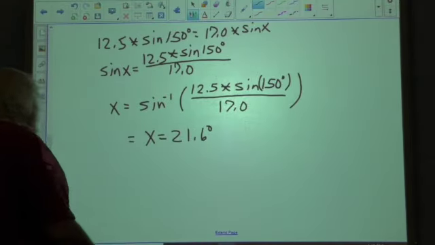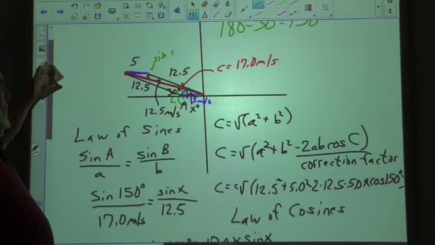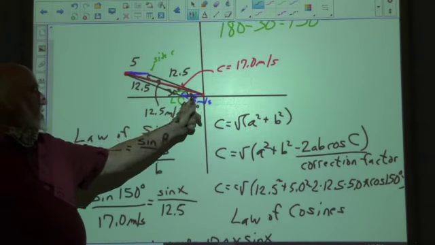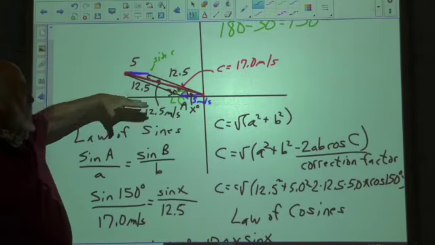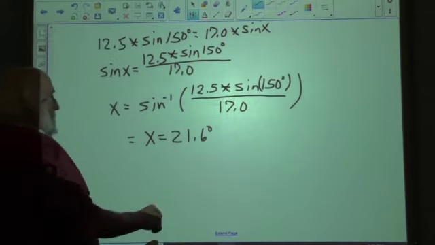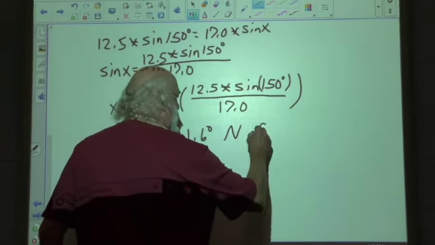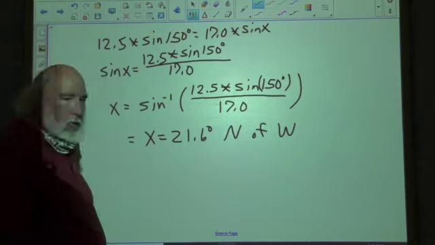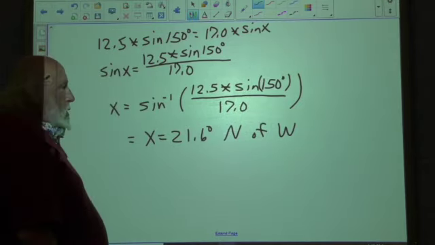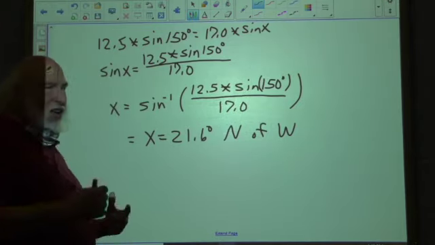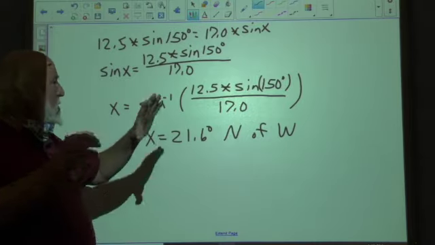And you can take a look at this, you can see that is going to be 21.6 degrees north of west. So this is going to take a little adjustment. It isn't that much different at the beginning.